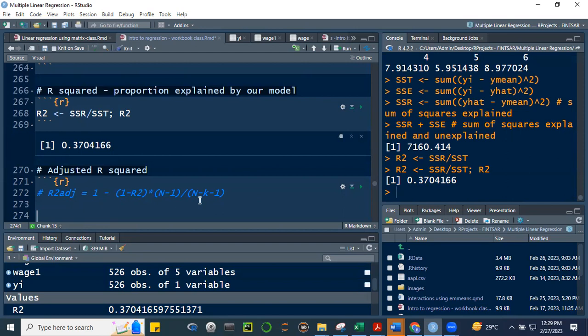Notice na every time na nagdadagdag tayo ng predictor, what will happen? When we keep on adding to the predictors, what will happen to your denominator? No? Liliit to, di ba? Liliit tong denominator na to. So what will happen to this whole expression?